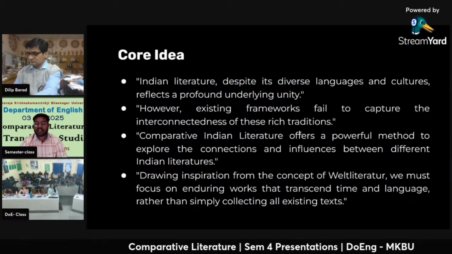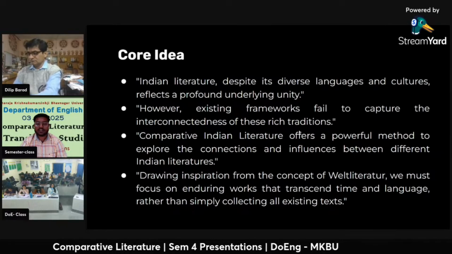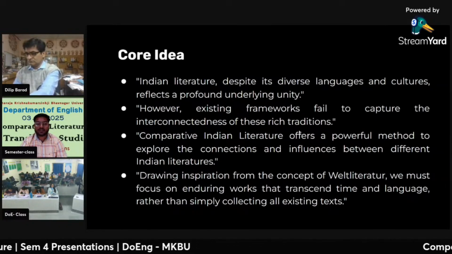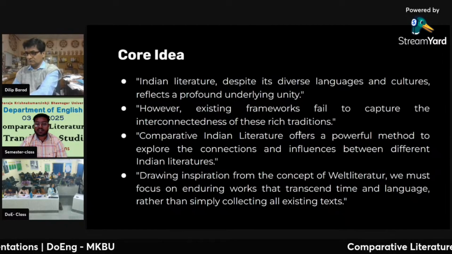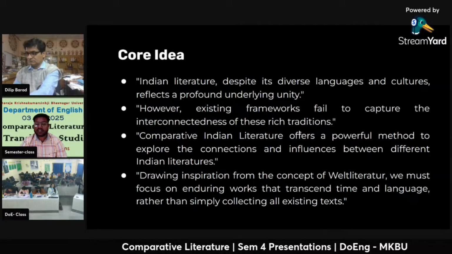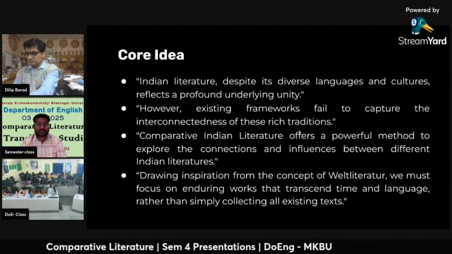Then he also highlights that, drawing inspiration from the concept of world literature, we must focus on enduring works that transcend time and language rather than simply collecting all existing texts.